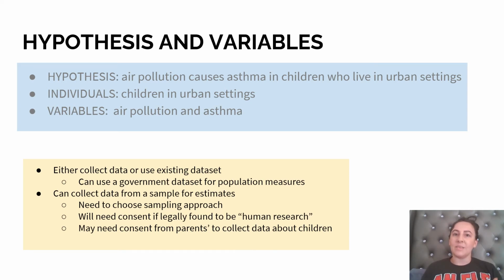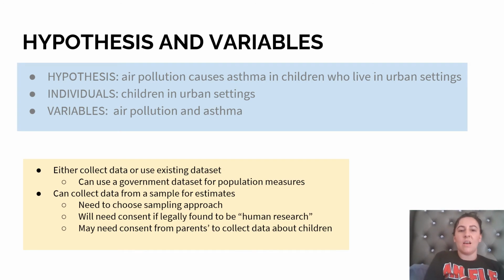So then the next step, prior to actually collecting data, you're going to also need to decide on how you want to collect the data as well, okay? So sometimes you can actually use a government data set, okay?